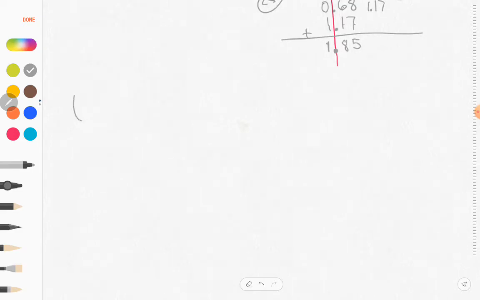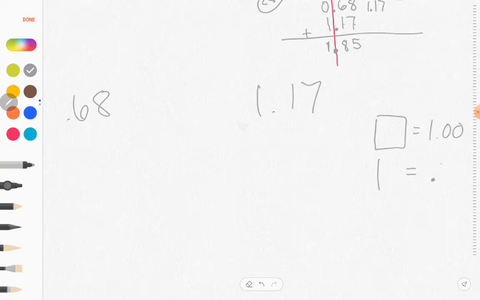Now, if you're being confused by this algorithm method, you can also do the method we talked about yesterday, where we know we have 68 cents and we have $1.17. In this decimal notation for base 10 blocks, we're going to have our square equal $1 or 1 whole. We're going to have our base 10 block equal 1/10 or 10 cents. And we're going to have our single point equal 1 cent.